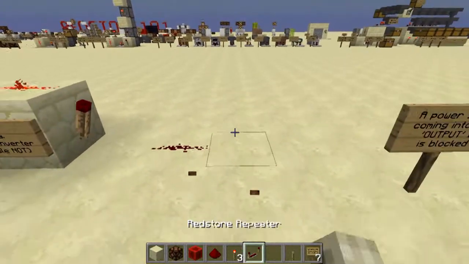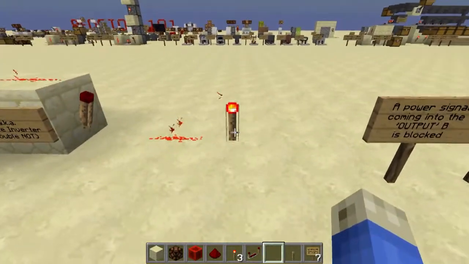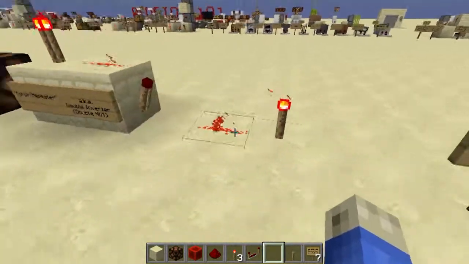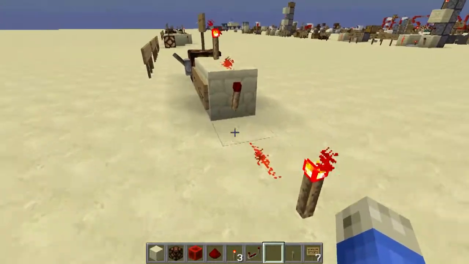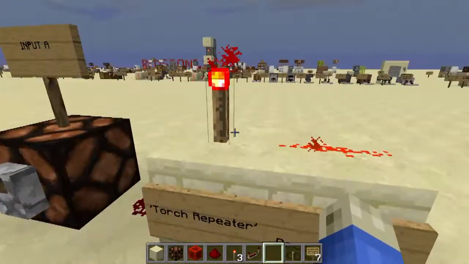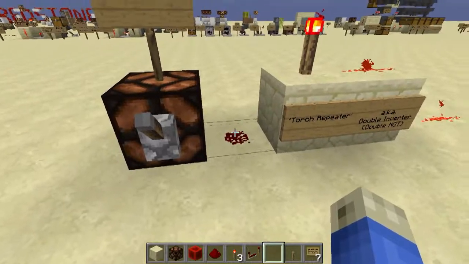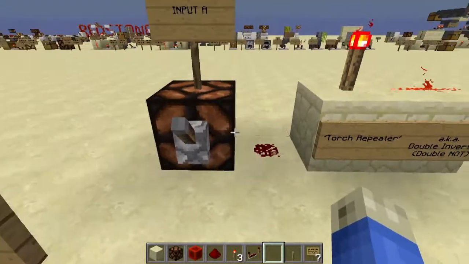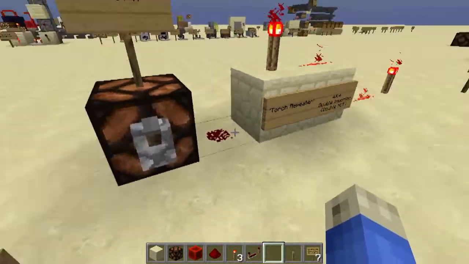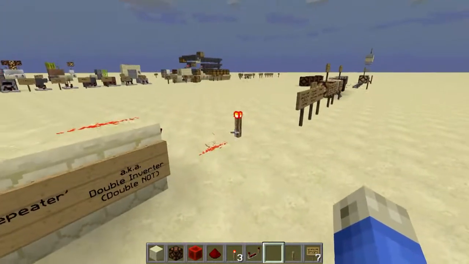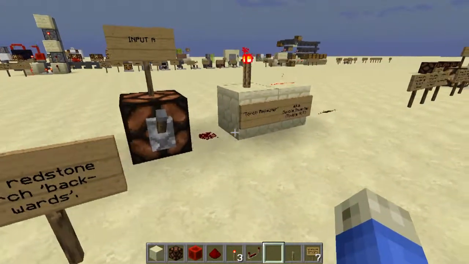But we want to show that if we send a signal inwards, coming in the wrong direction, the torch blocks it, and we don't see our input line getting lit up. That's really good. It's not polluting our input signal. It's a diode.